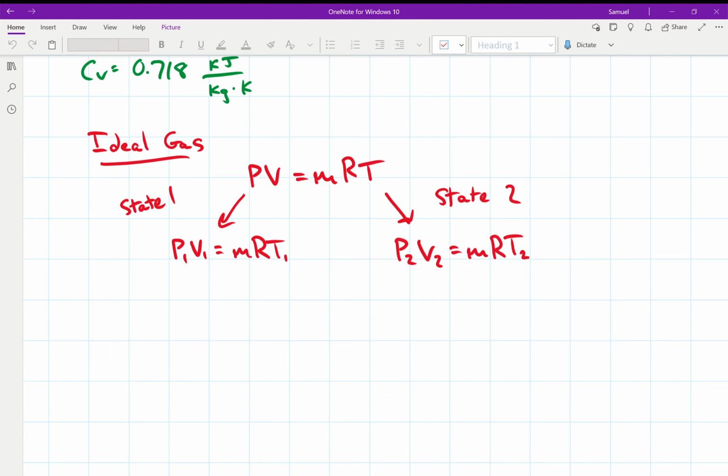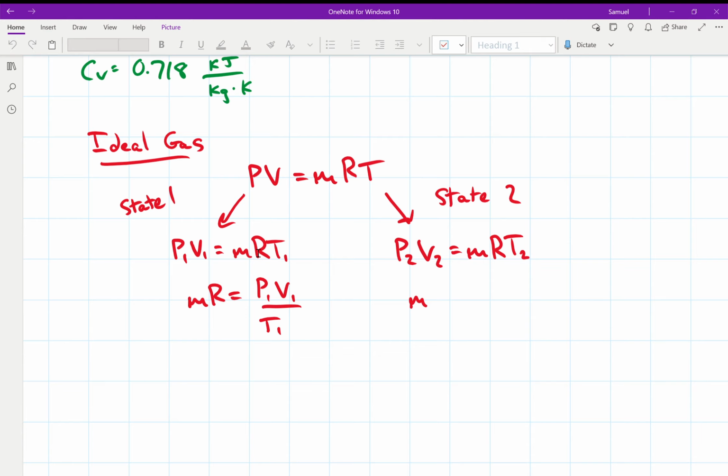And notice, speaking of those subscripts, we did not write a subscript, a 1 or a 2, for the mass or for the ideal gas constant, because those are staying the same. It doesn't change from state to state. With that in mind, we're going to isolate m and R on each equation, so that for state 1, we have mR equals P1V1 over T1, and for state 2, mR equals P2V2 over T2.